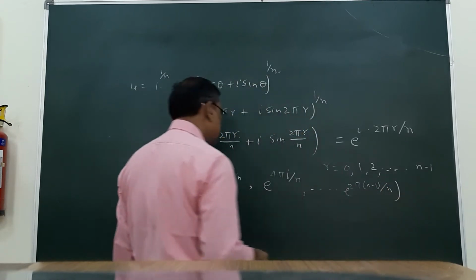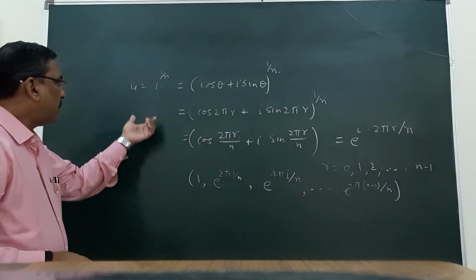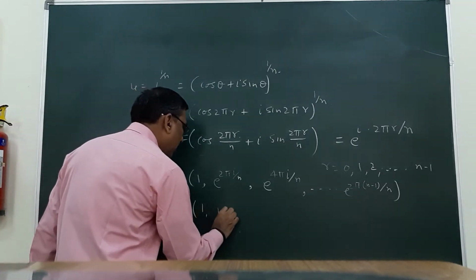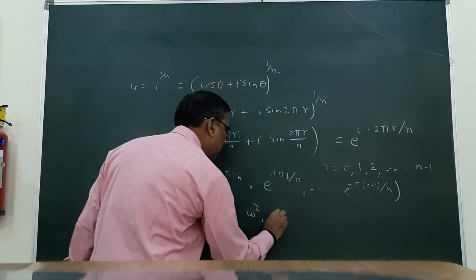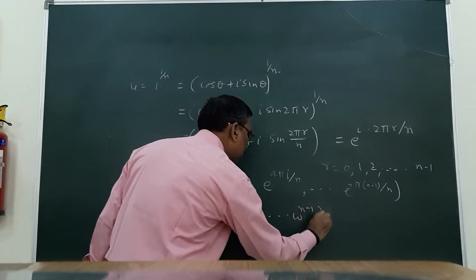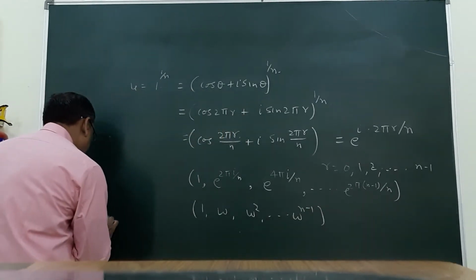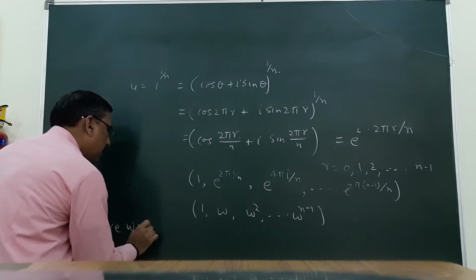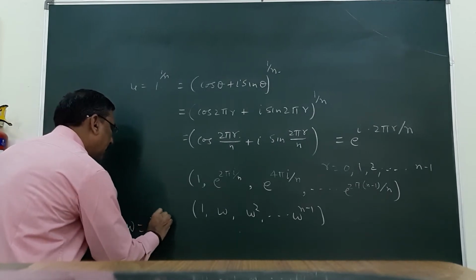This is the set of roots of unity. I can write this as 1, omega, omega square, up to omega raised to the power n minus 1, where omega is equal to e raised to the power 2 pi I upon n.